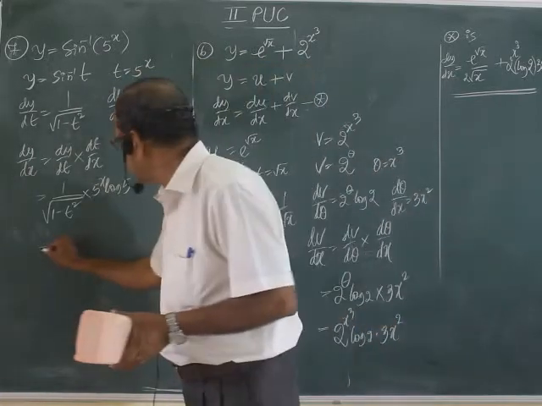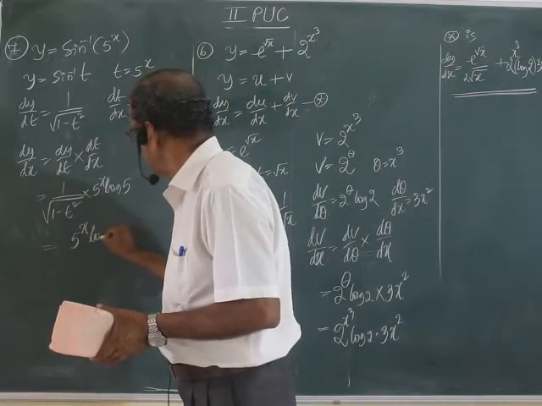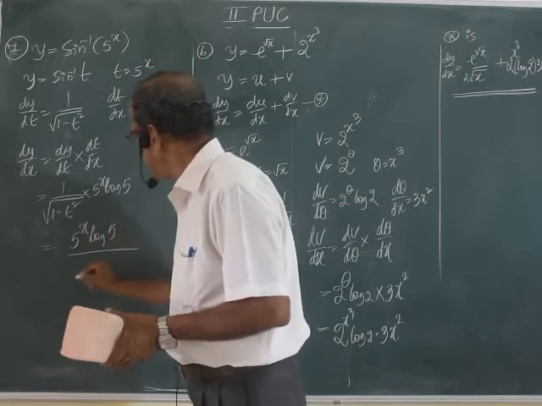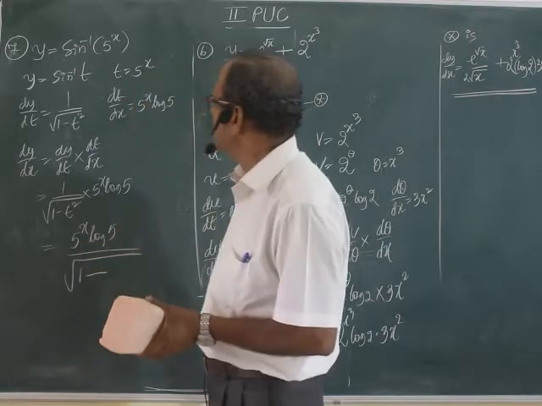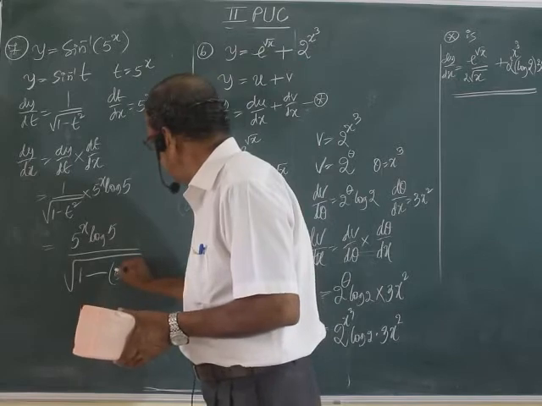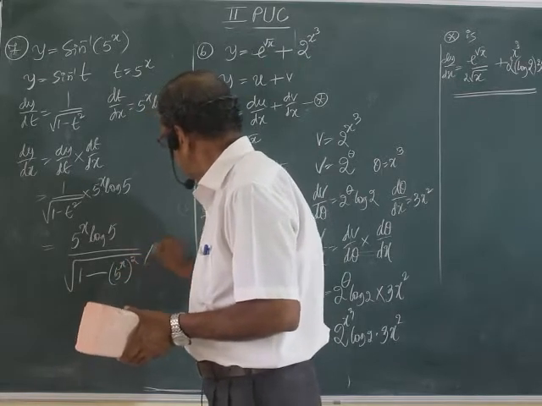Our final answer: 5 to the power x log 5 divided by root of 1 minus 5 to the power x whole square.